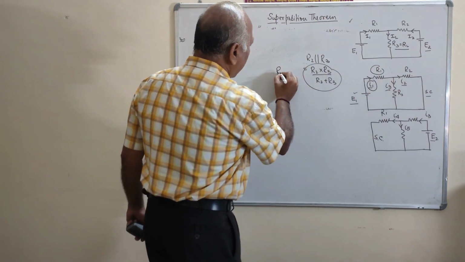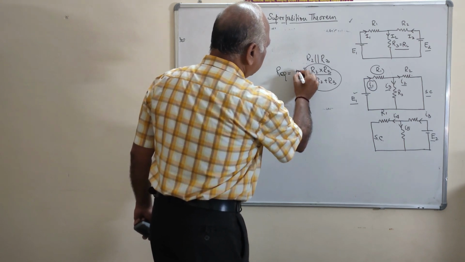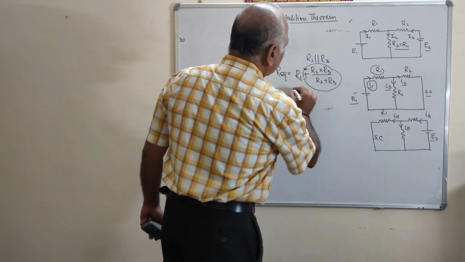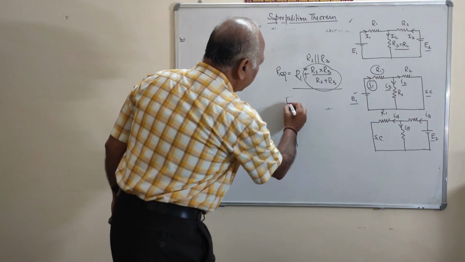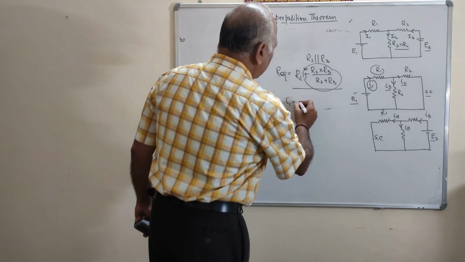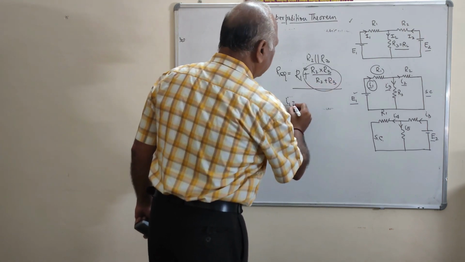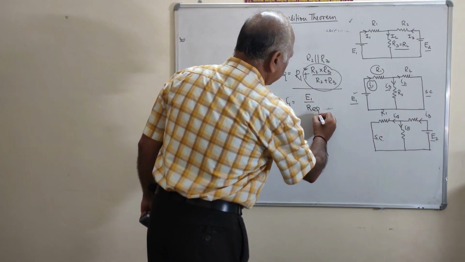That means the R equivalent is equal to R1 plus R2 R3 upon R2 plus R3, and we will get I1 equal to E1 upon R equivalent.